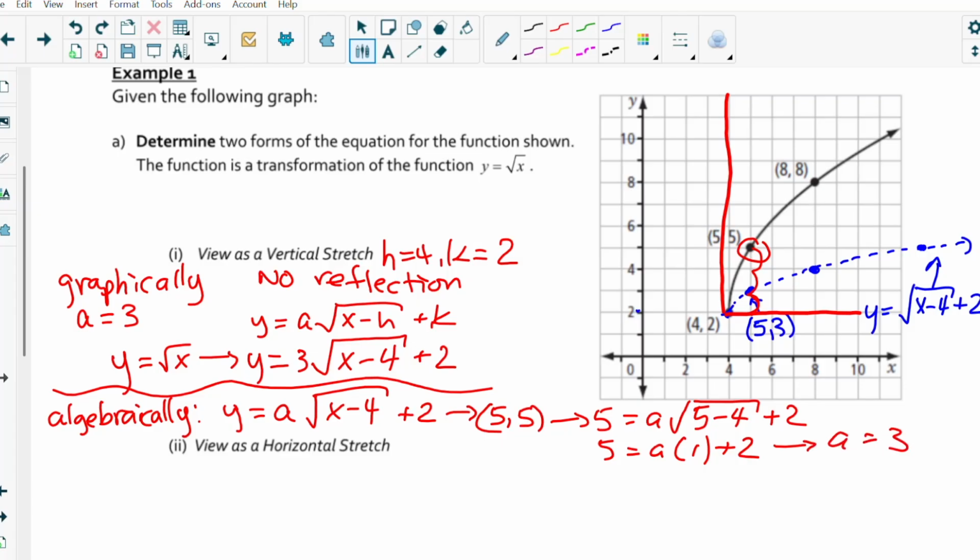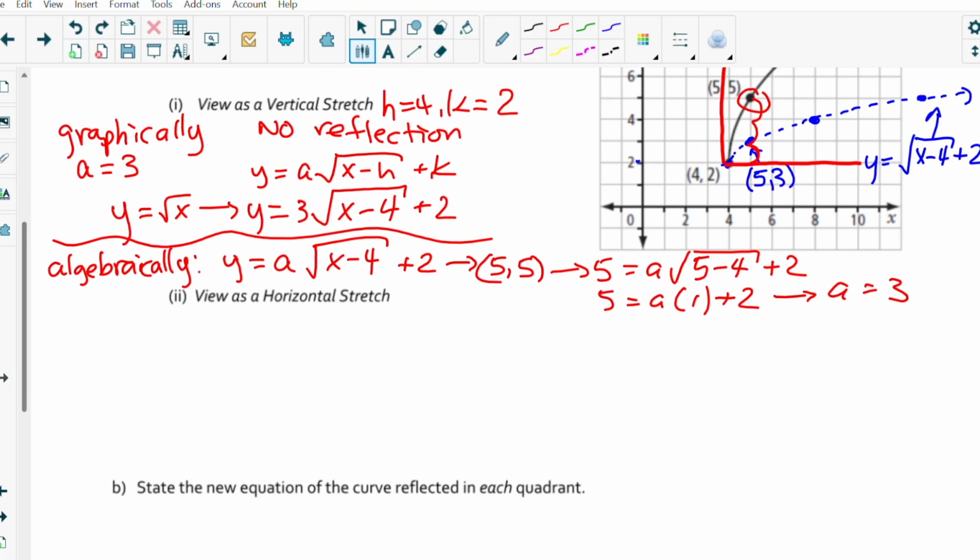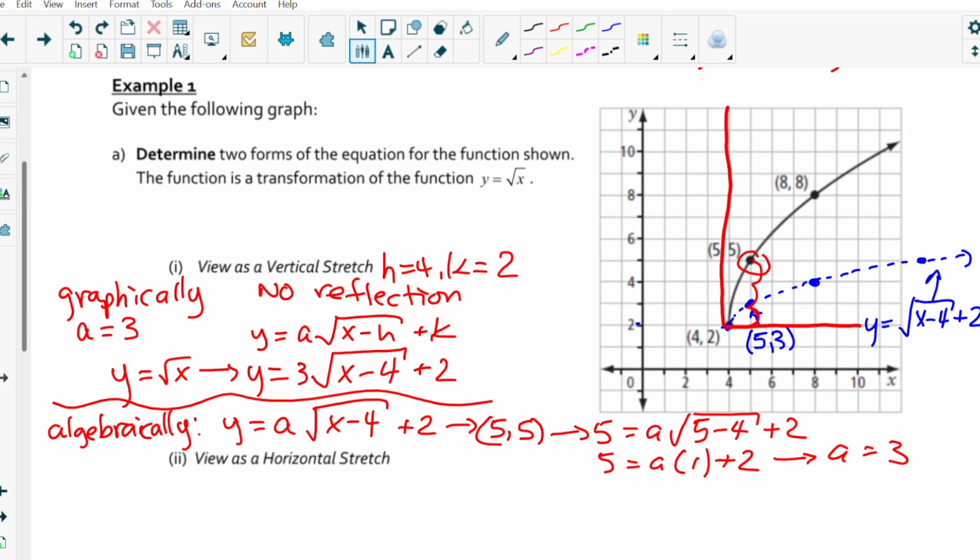So this is algebraically. Let's take a look at it as a horizontal stretch. I'm going to look at this point, the key point on my stretch, which is 13, 5. I'm going to look at it in relative terms.